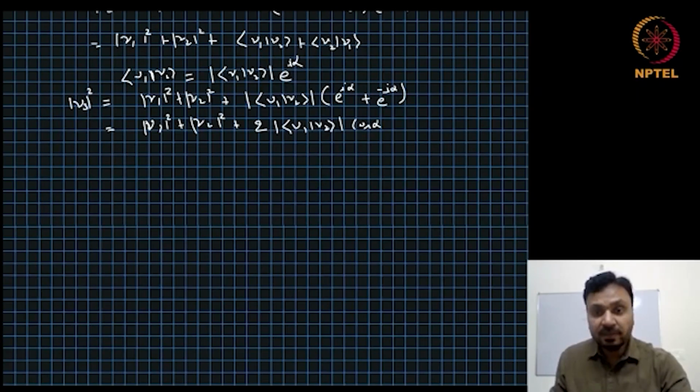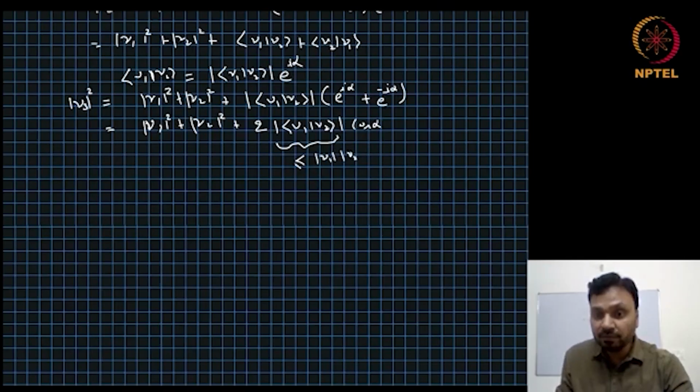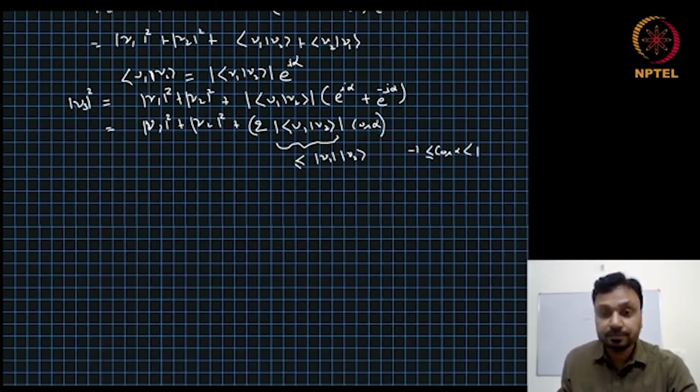Now just remember our earlier inequality, that this factor is always less than or equal to |v1| times |v2|. But for the whole term we still don't know whether it will be less or more, because cos alpha can take values between -1 and 1.